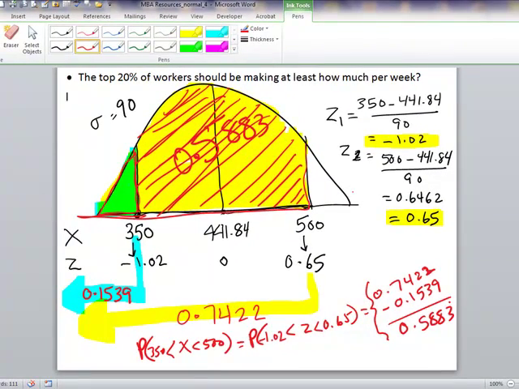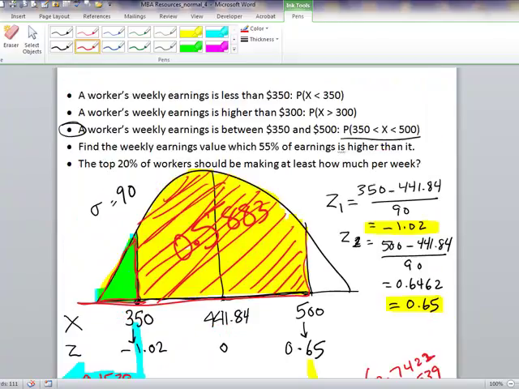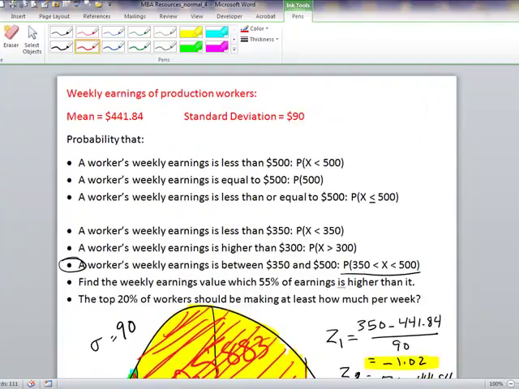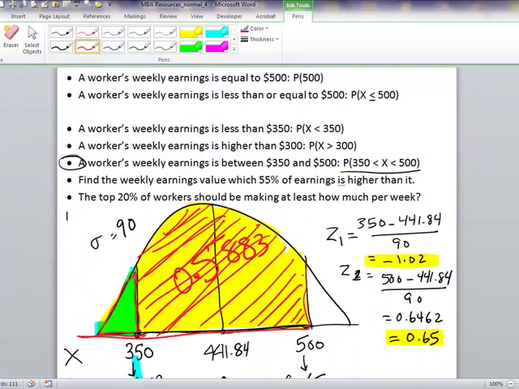To do this in Excel, you would compute two normal distributions. You would put equal, and first you do the bigger probability. So you would compute this probability from 500 and lower.